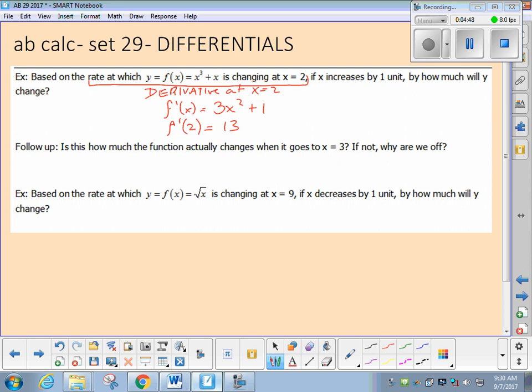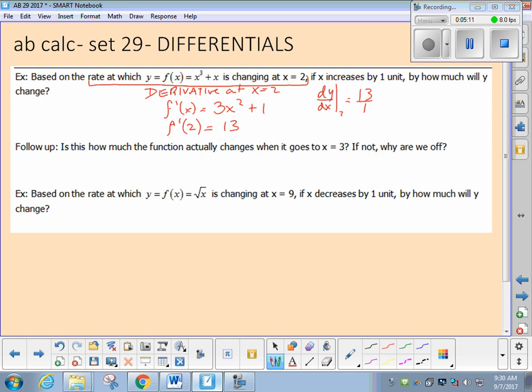Okay, now let's rephrase this. That means dy dx at 2, another way to write f prime at 2, is to say dy dx, the derivative at 2, is 13, and I'm going to call it a ratio. 13 is the same as 13 over 1.